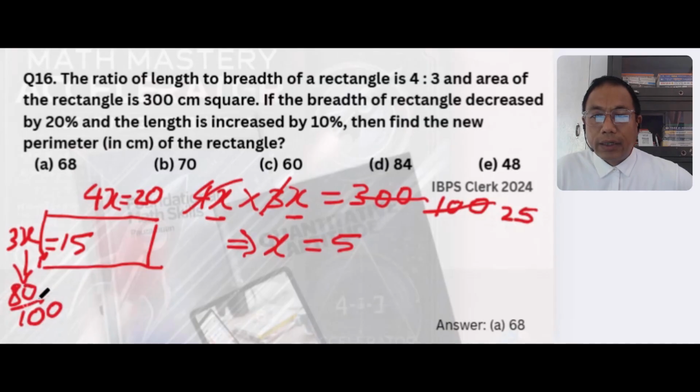Decrease means minus. 0, 0 cancel. 2, 4, 8, 2, 5 or 10. From where? From breadth 15. 5, 3, 15. The breadth will become 4, 3, 12.